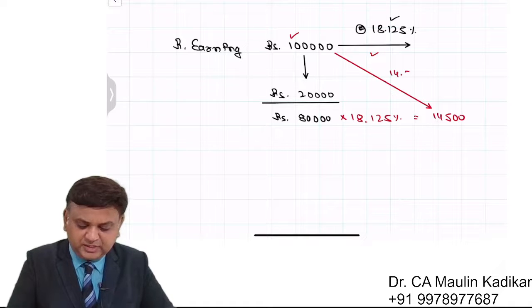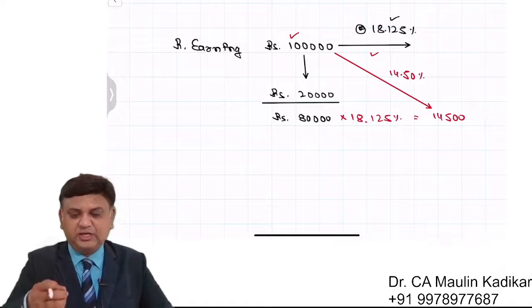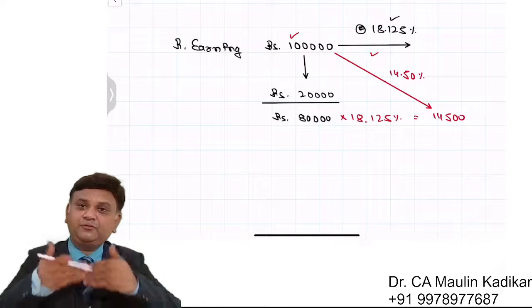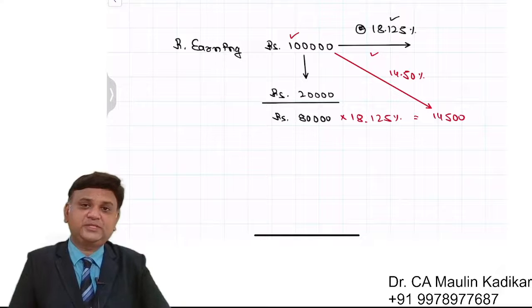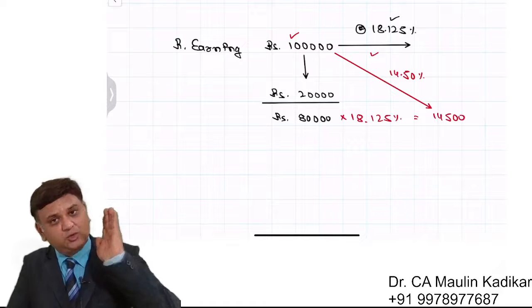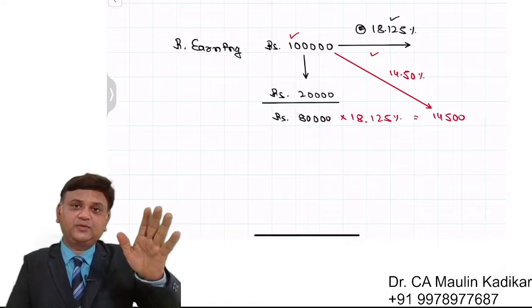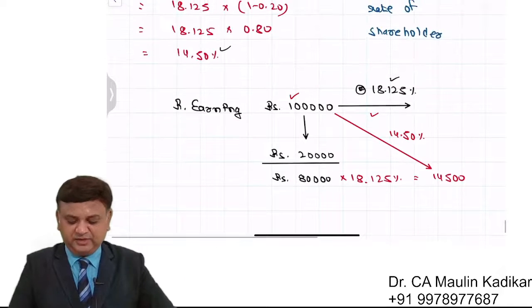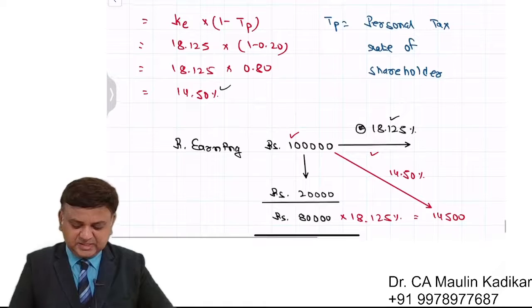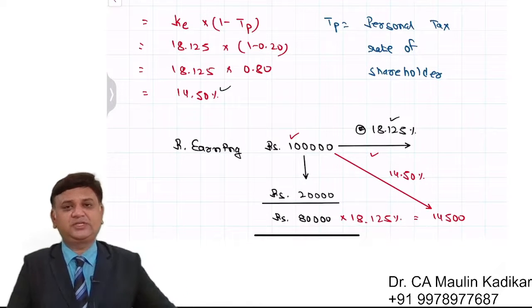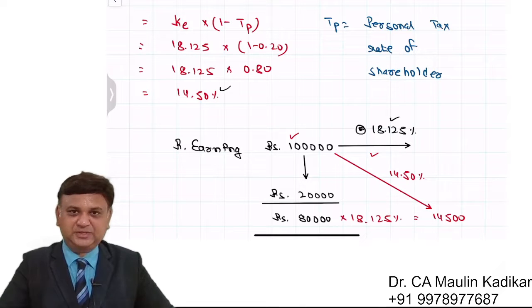So the cost of retained earning to us is 14.5%. We have an obligation to give you a return of 14.5%, because this is what you could have earned otherwise if we paid this amount to you in form of dividend. That is the reason the cost of retained earning, if personal tax rate information is given, is 14.5%.